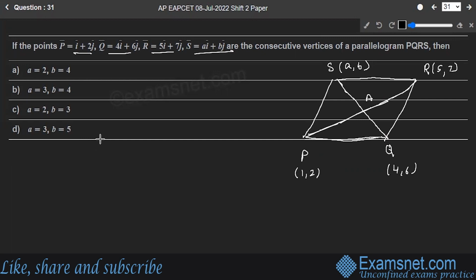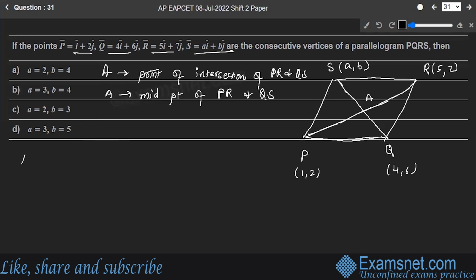So that means A is the point of intersection of the diagonals PR and QS. A is also the midpoint of both these lines.